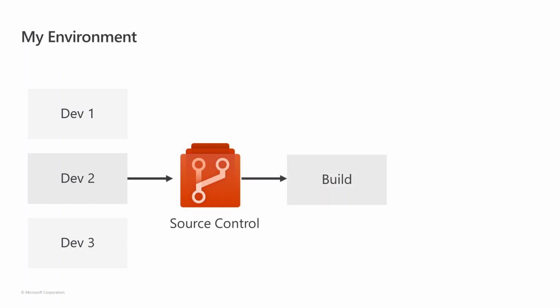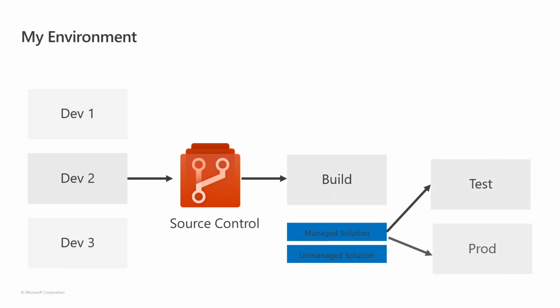You then want to build. So build either a managed solution or an unmanaged solution, and then deploy to test, and then deploy to prod. So you might want to do it like this. And what build means here is it exports it as a managed solution, unpacks the zip file, checks all that into source control, creates a release, and then packages it back up and sends that to test.